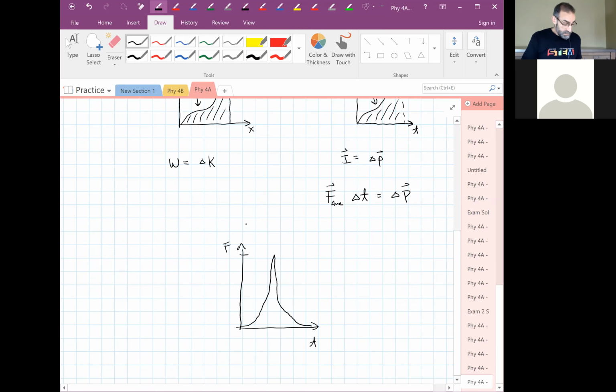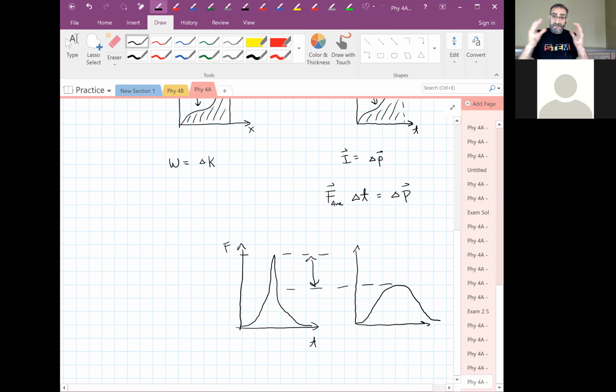You buy something, maybe some kind of spring shock stock for the gun, so that when the gun recoils, there's a spring in there, a shock absorber that takes in some of that. What is it doing? It's taking a curve that looks like this and converting it into one that looks like this. So the maximum force is much less, but they've spread out the area.